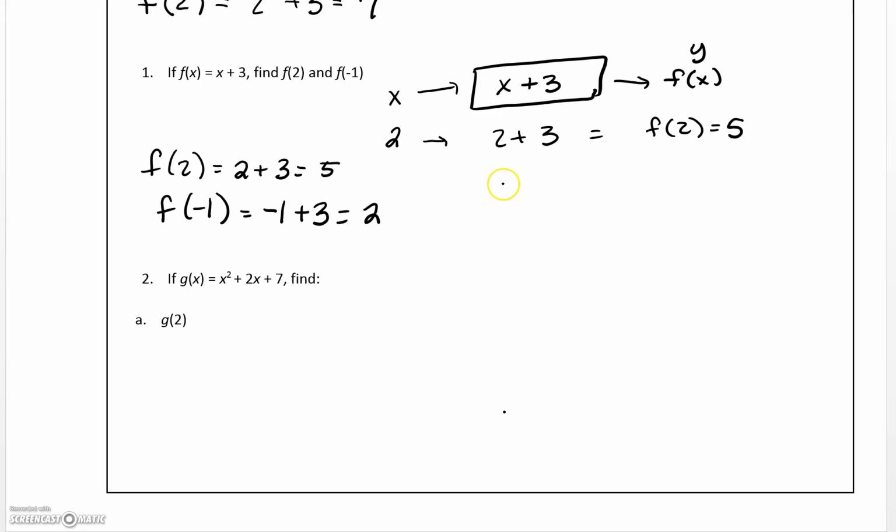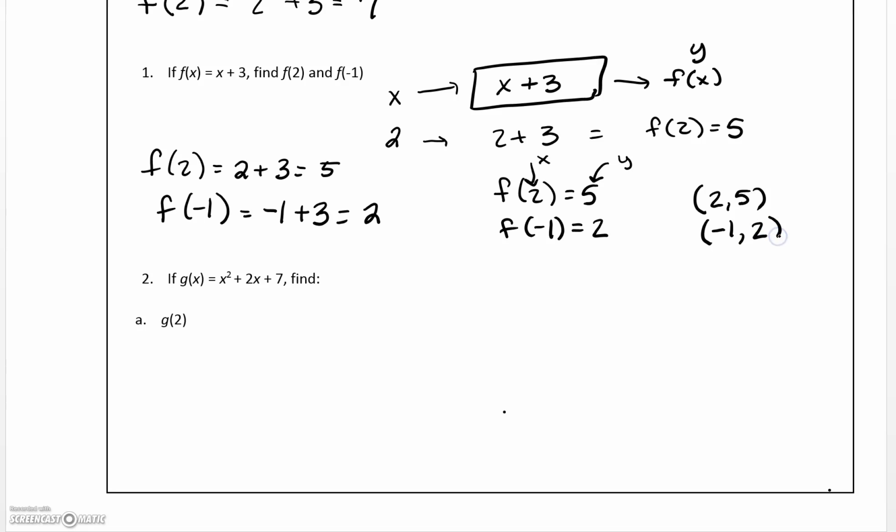So we would say f of 2 equals 5, and f of negative 1 equals 2. And what we've really done is created ordered pairs that are on the graph. Remember, these inside the parentheses are the x values, and these that we get out are the y values. So this could be an ordered pair 2, 5, and this could be an ordered pair negative 1, 2.